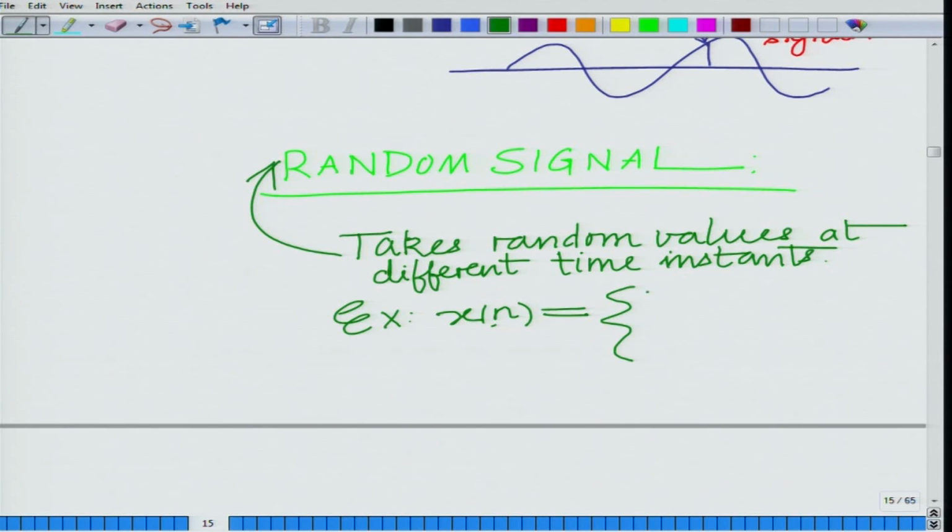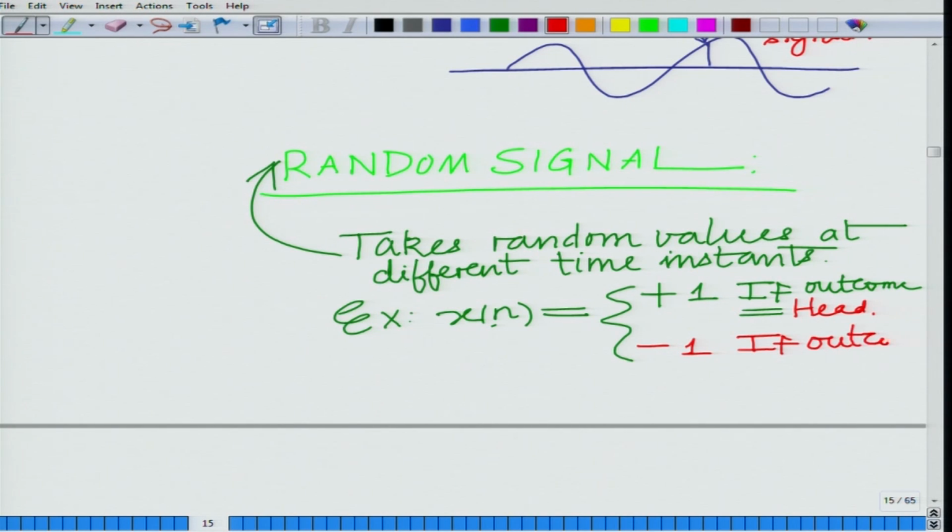If the outcome is heads, it is signaled by +1. If the outcome is tails, it is signaled by a -1. Okay. So, signal xn equals +1 if the outcome is heads, equals -1 if the outcome is tails.